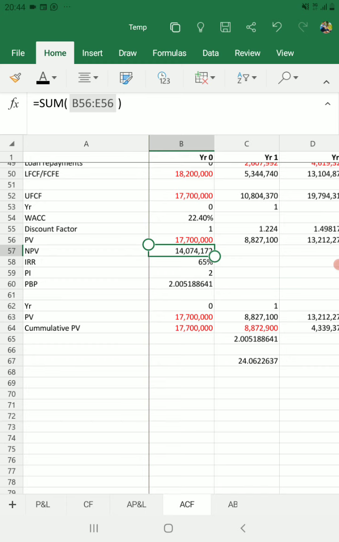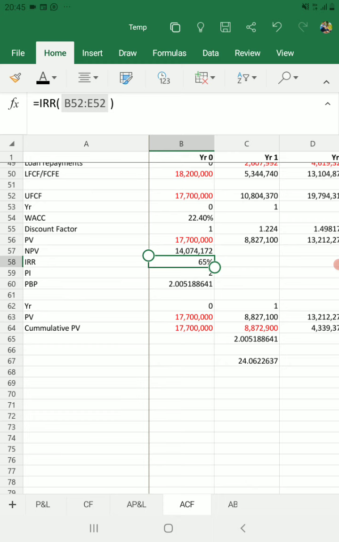Okay, that means you don't have any loss, it is balanced. But if you have a positive NPV, then that means you have more than what your cost of capital requires you to get, so that is positive. Okay, so that's for NPV.